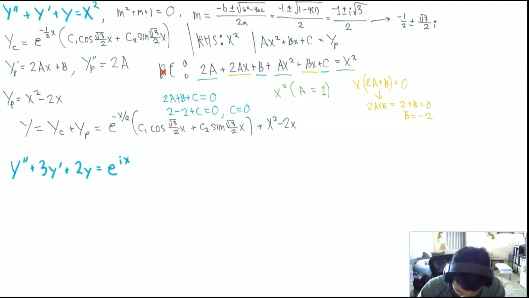So that's our final answer. That is the solution to our differential equation. All of that right here.